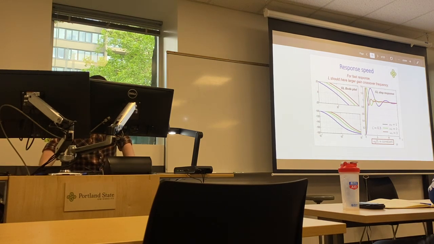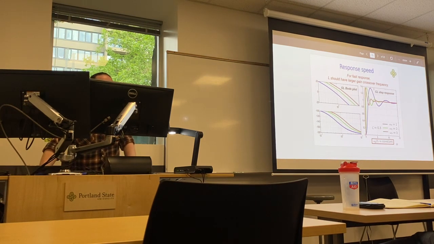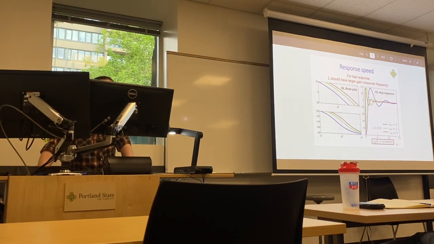I don't know if this is in seconds, but that's probably about the 2% settling. It takes a lot longer. If we have omega n crossing over at 2 radians per second, we can see that increases dramatically. And when we go to 3, we see a much faster response.